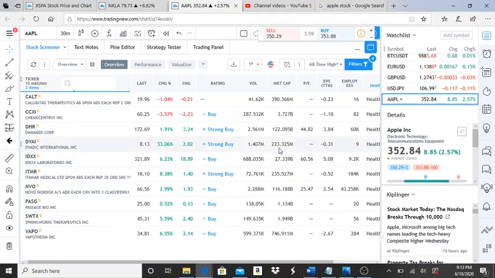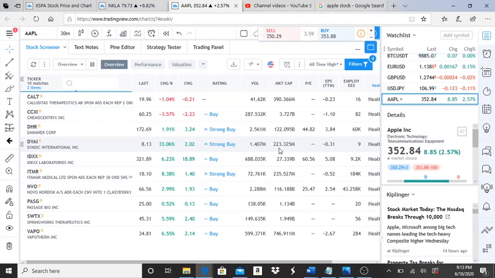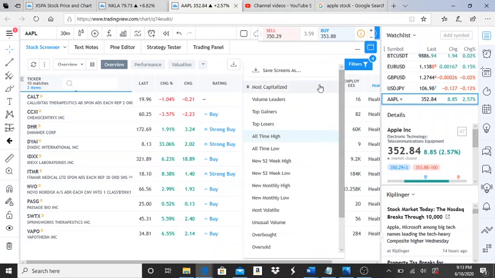So if you were to just get a stock screener, all this process is easier. But if you didn't know about this, you would have never gotten it that easy. This is the all-time high, health technology sector.